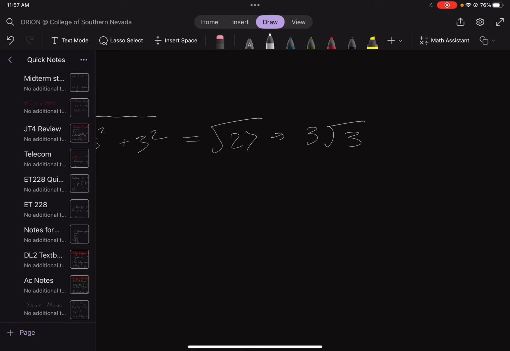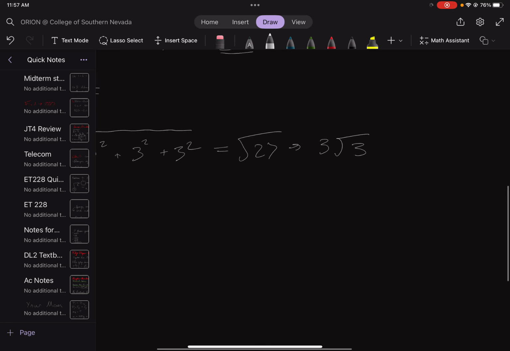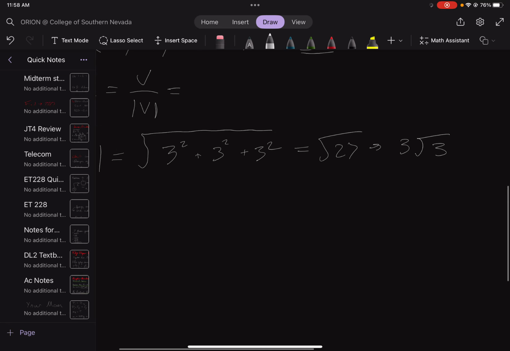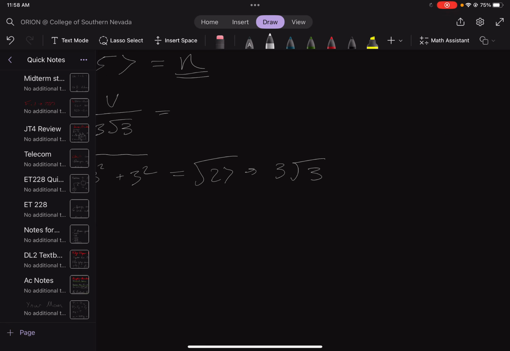So once we have that value, we have v divided by 3 square root of 3, which equals 3 over 3 root 3, comma 3 over 3 root 3, comma 3 root 3.